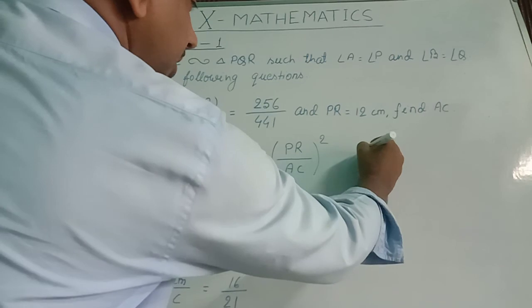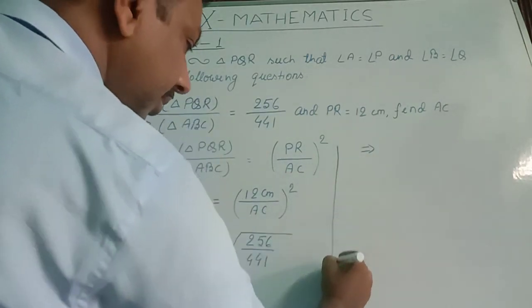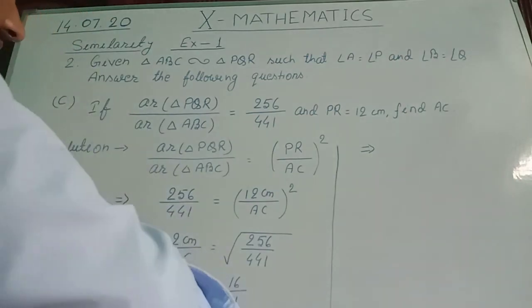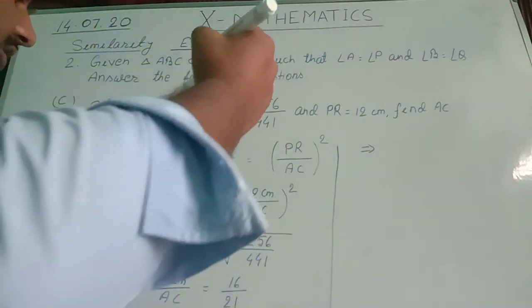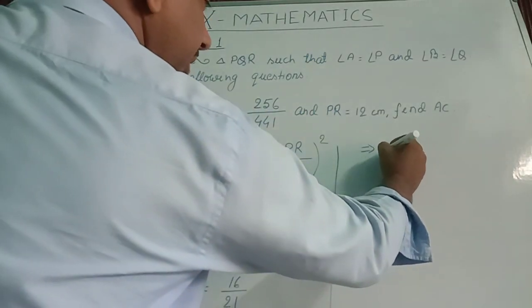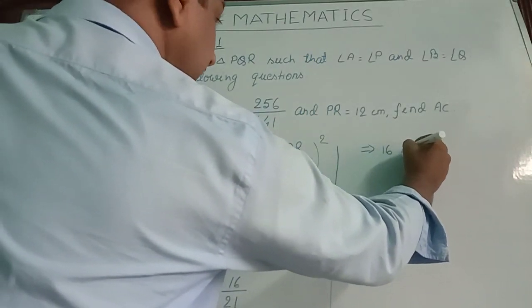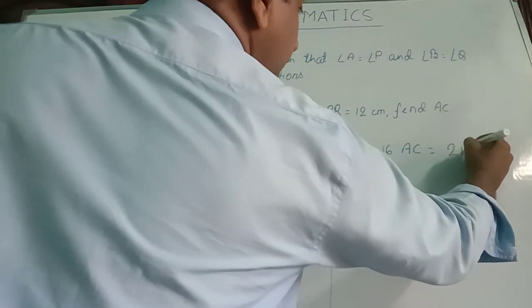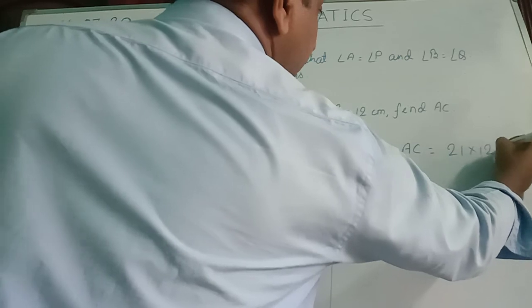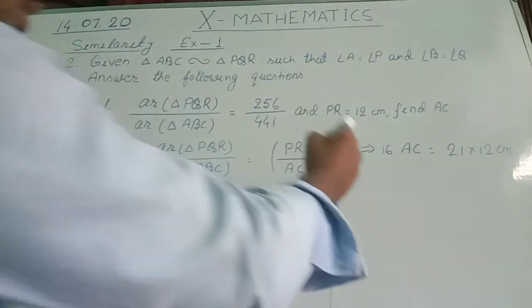Now in this part, this is continued here, we draw the line. In this part of solution, we go through the cross multiplication, then we get 16 AC equal to 21 into 12 centimeter by cross multiplication.